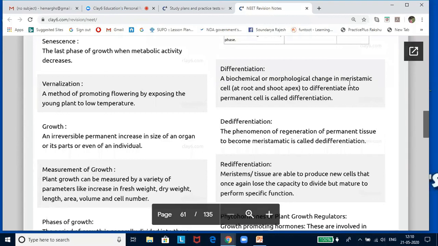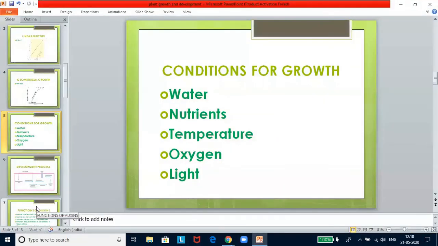Redifferentiation: during the process of dedifferentiation, some meristematic tissues are able to divide and produce cells that once again lose their capacity to divide, but they mature to form cells with specific functions, and this is called redifferentiation. Now, the next is the development phase in the plant.